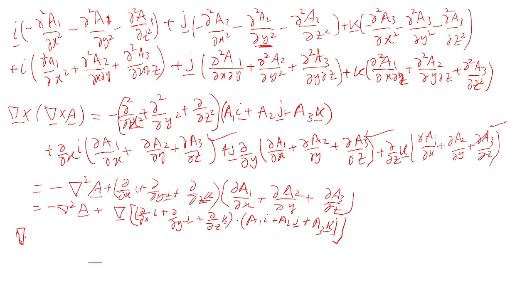Okay, curl of curl A is equal to this term. This is minus nabla square vector A and plus gradient, inside the bracket, this is the divergence of vector A. So we proved this assertion.